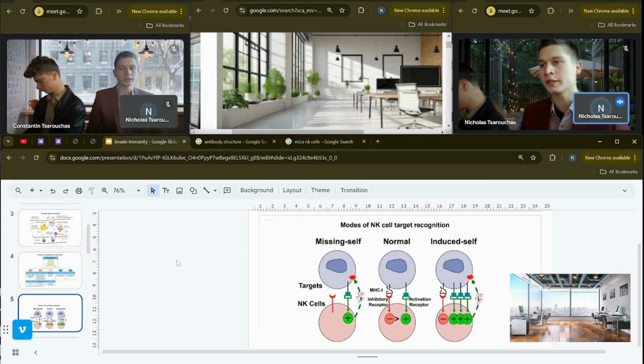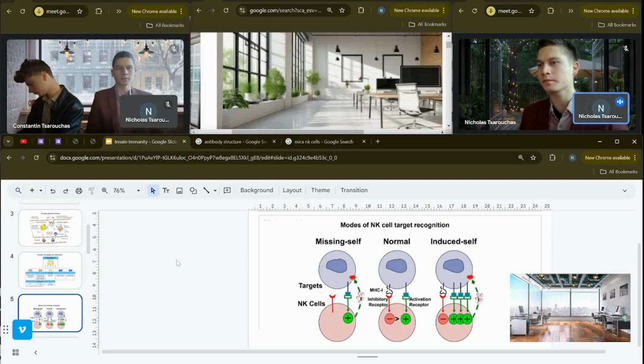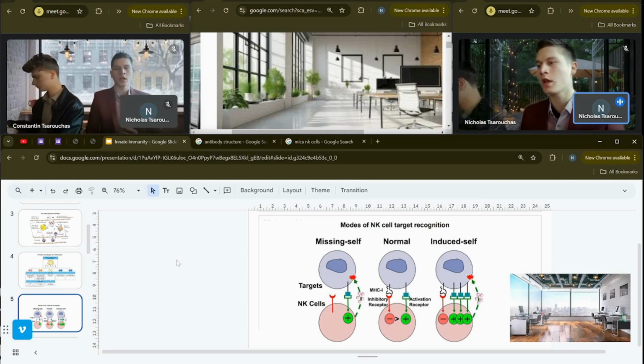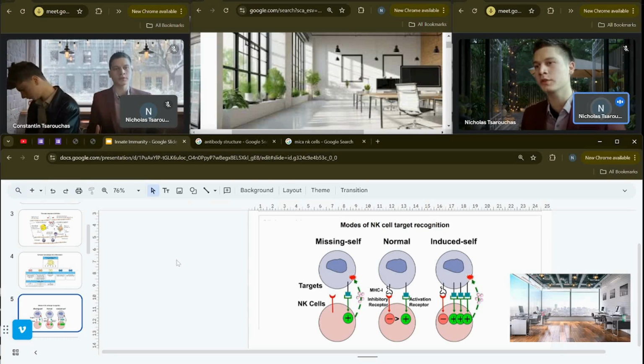MHC1 is presenting to cytotoxic T lymphocytes, your CD8 receptors, and MHC2 is presenting to your T helper lymphocytes. So it's able to form these two different arms of your T cell responses against different types of pathogens.